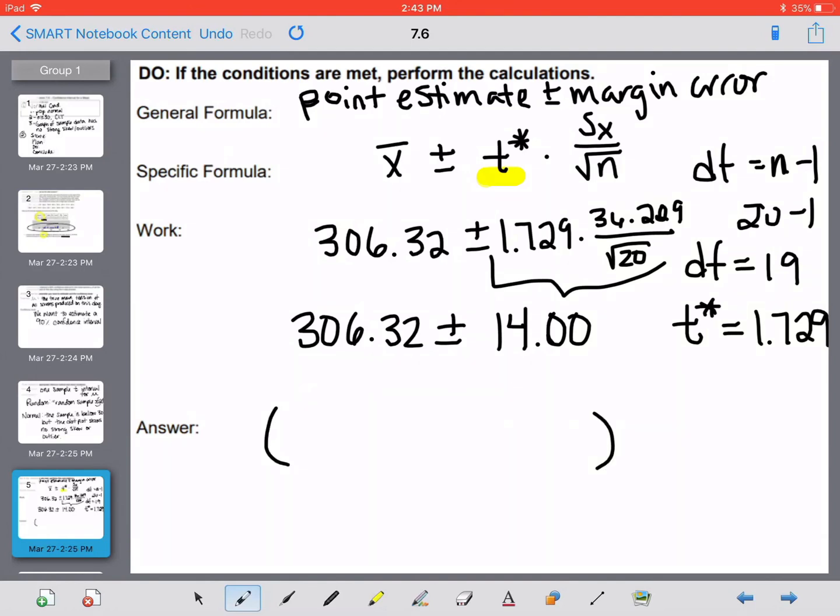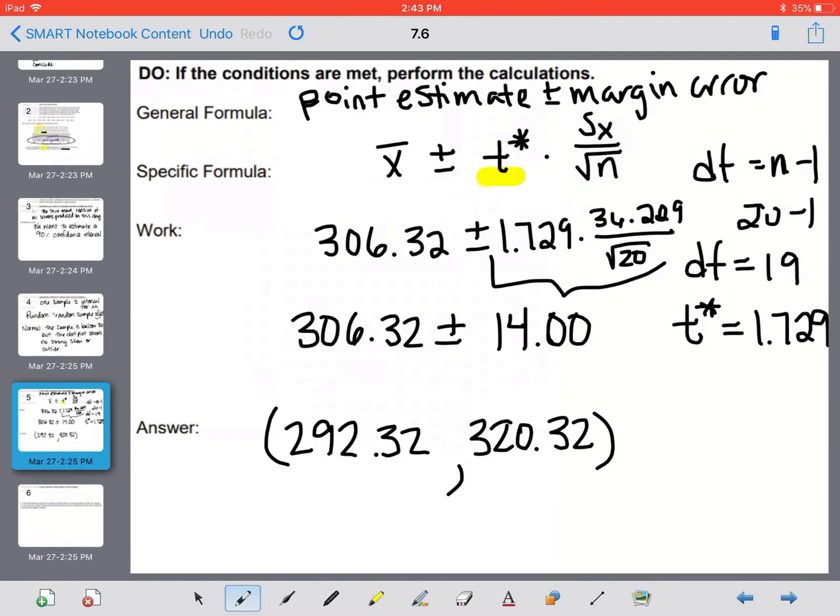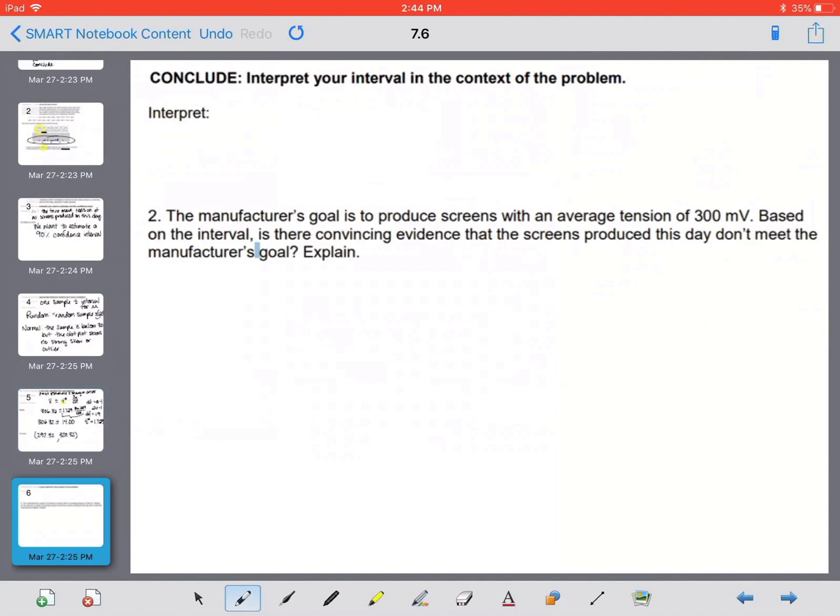I get approximately 14 here. Now remember, we want a lower bound and an upper bound, so 306.32 minus 14 is 292.32, and 306.32 plus 14 is 320.32. Okay, so we did the state, plan, do. Now we have to do our conclude.